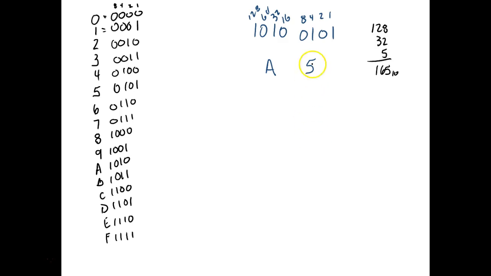So, of course, I know this would be A5. This is going to be 16 to 0. This is going to be 16 to the first. Okay. So I know 16 to the first is going to be 16. I know A is equal to a decimal 10.